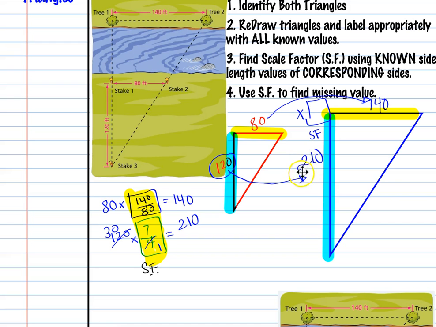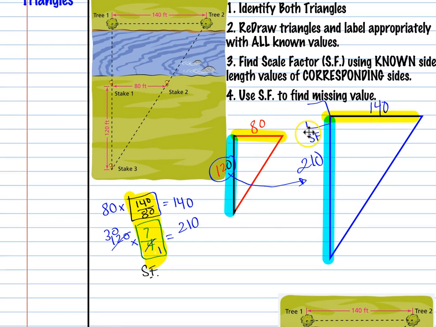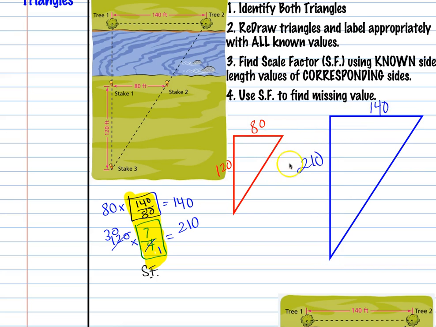Now what I'm going to do is get rid of this so we can see what this looks like. I'm going to put this nested triangle back together so we can see how they relate to each other. So 210 is the entire length of this big triangle.